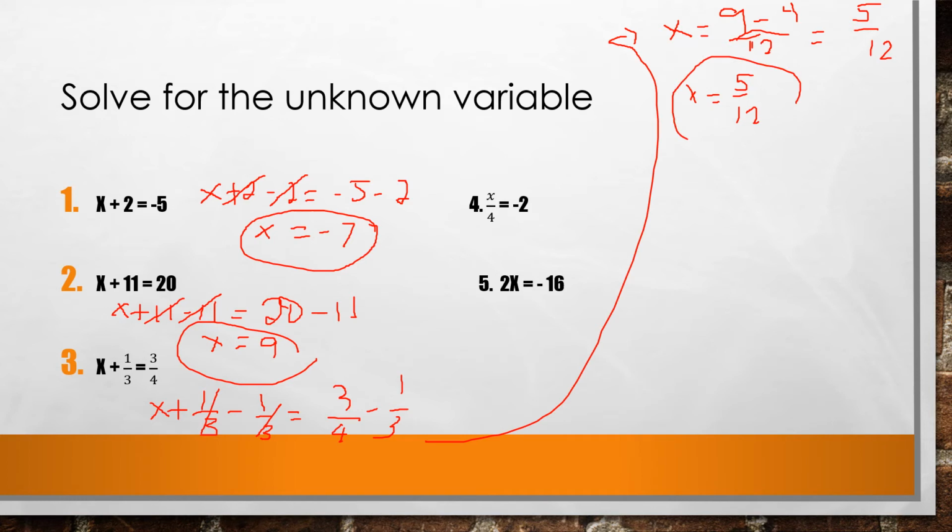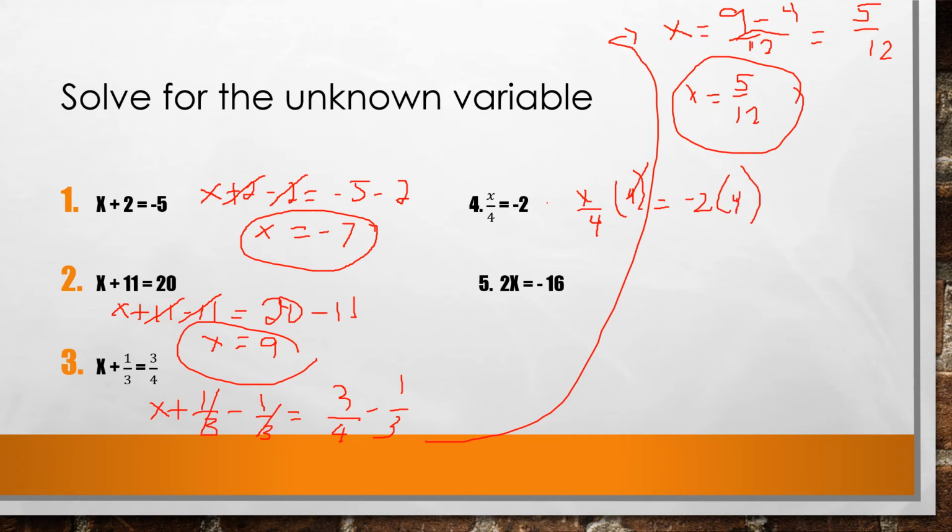Okay? Next, for number 4, we will divide both sides by 4, or we can multiply, no? So we can use MPE here. We multiply both sides by 4 is equals to negative 2 times 4.